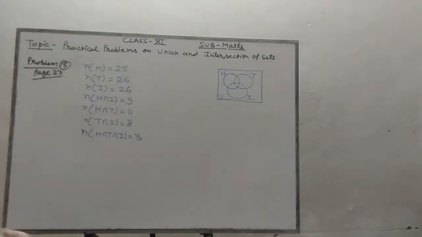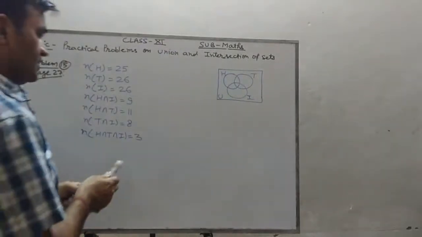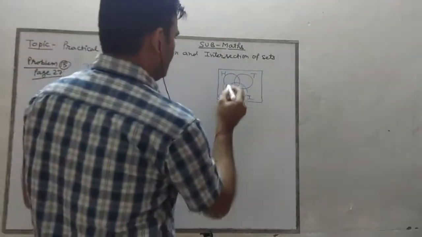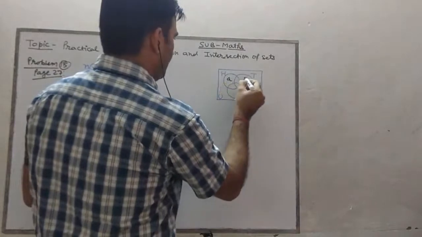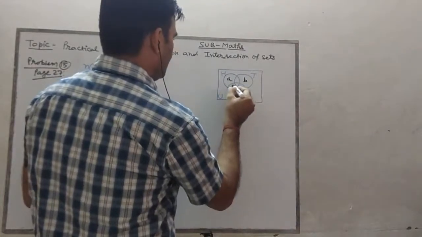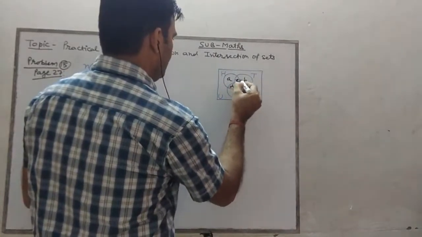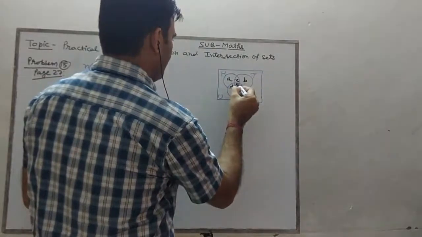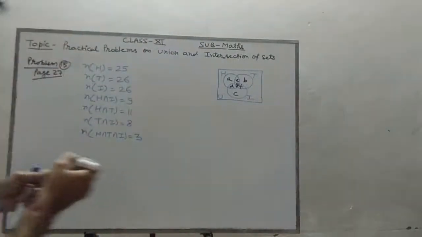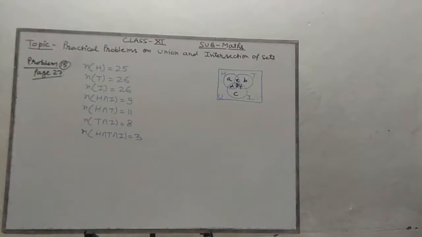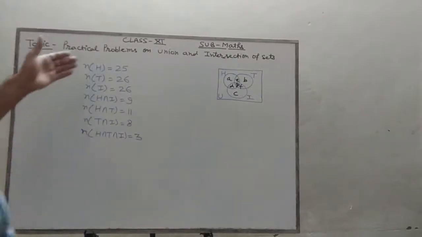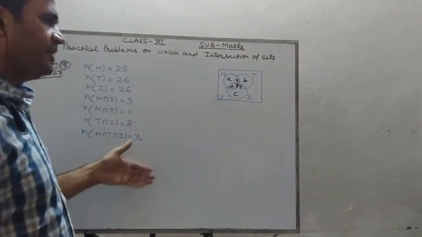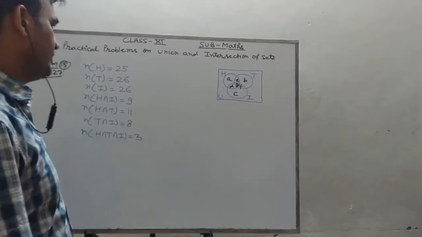Let the number of pupils in these sets be A, B, C, D, E, F, G. We have taken these 7 variables. Now, by seeing the diagram, we will establish some equations with the help of these variables.